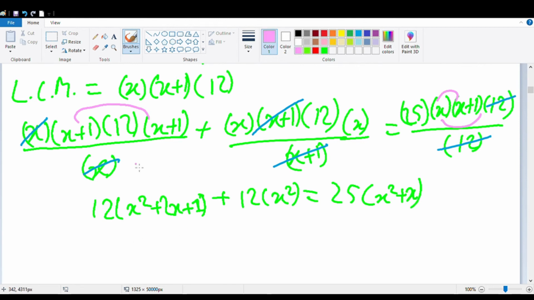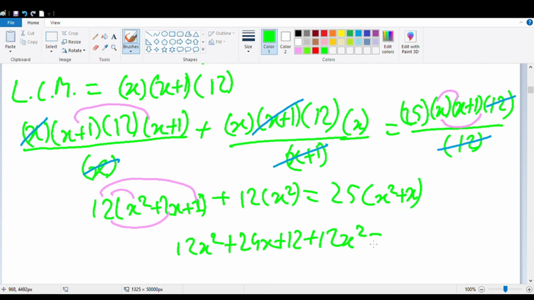And here 12 into x squared is 12x squared plus 12 into 2x is 24x, and 12 into 1 is 12. We get 12x squared plus 24x plus 12 plus 12x squared is equal to, so here 25 into x squared is 25x squared plus 25 into x is 25x, so is equal to 25x squared plus 25x.